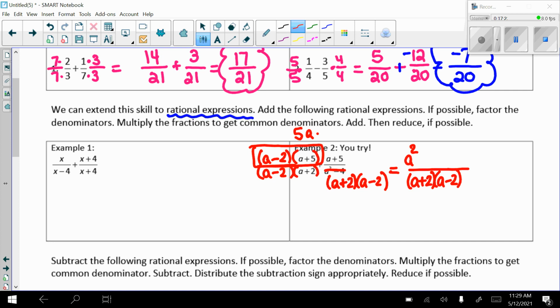Negative 2 times a is negative 2a. So I'm going to put that right down now as plus 3a. I can combine those terms. Negative 2 times 5 is negative 10. And then we have the other fraction, which is a plus 5 over a plus 2, a minus 2.